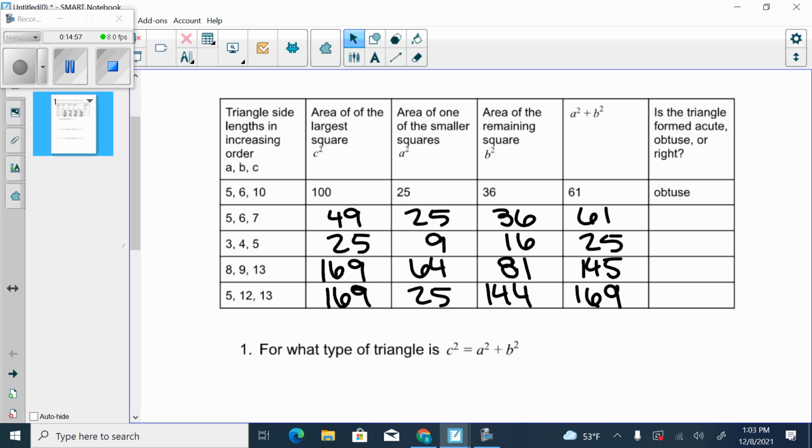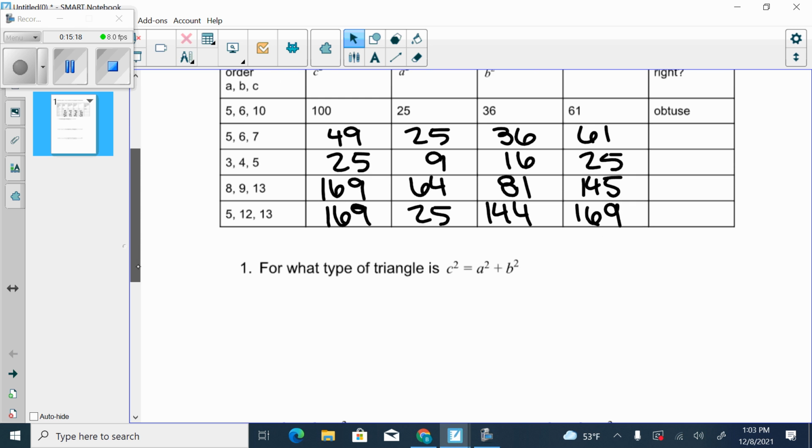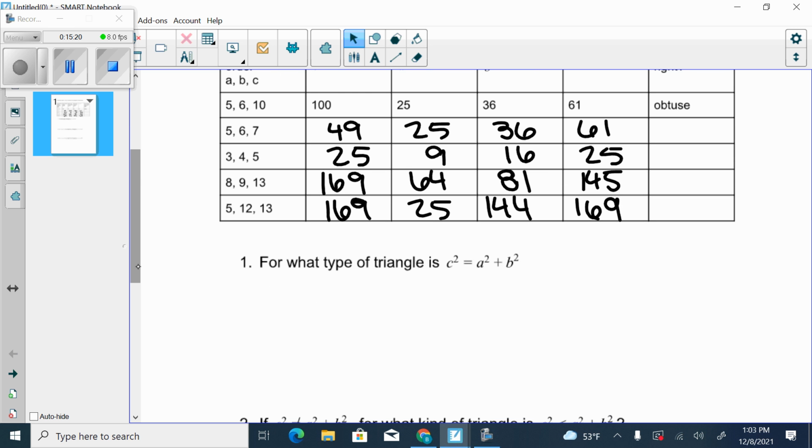We noticed some of them, the c squared and the last number ended up being the same, right? We had a couple that turned out that way, which basically means when I added a squared and b squared, it equaled c squared, which we already knew. That's what Pythagorean theorem says. So that's what they said right here on number 1. If your a squared plus b squared equals c squared, then you know you have what kind of a triangle? A right.